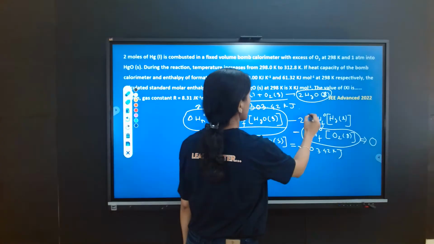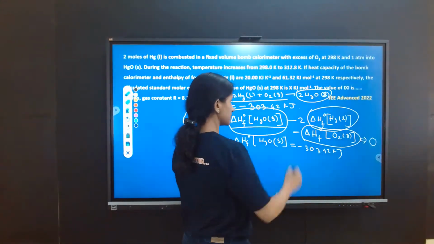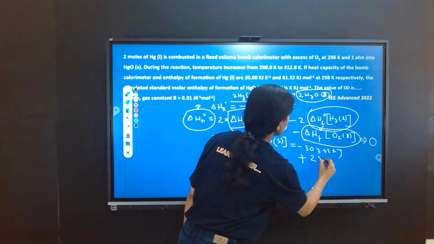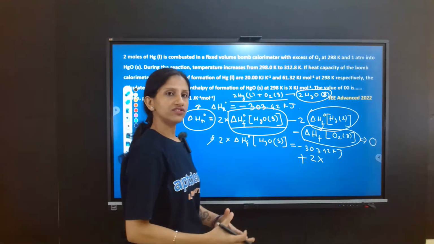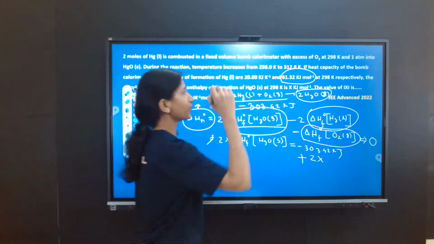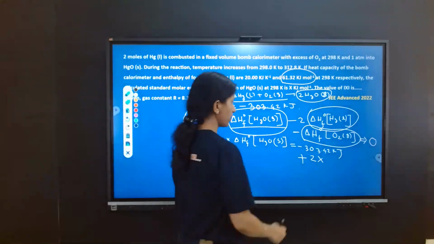So we will only have to use the value of this. So this will come out as plus 2 moles of delta HF0 Hg liquid, which has been given as 61.32 kilojoule per mole.